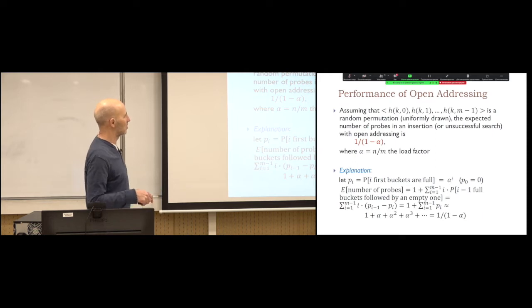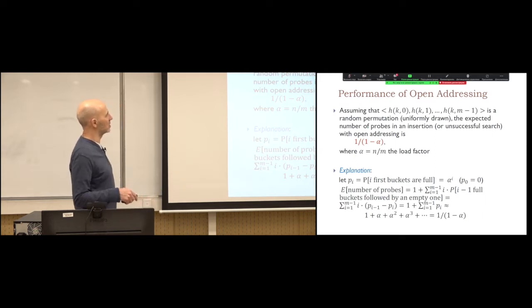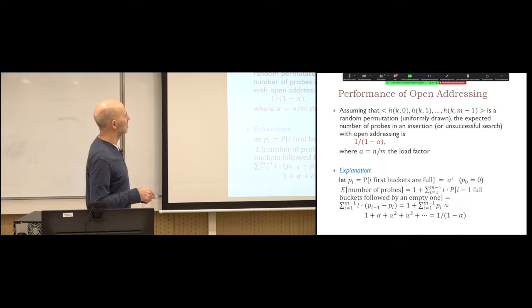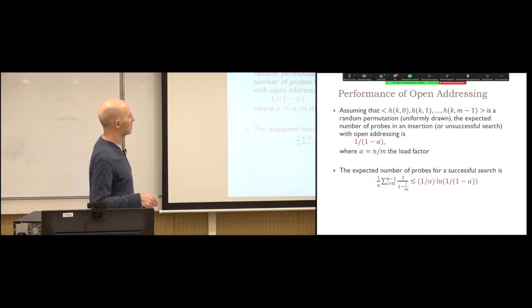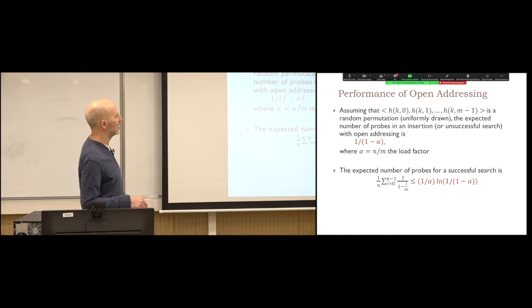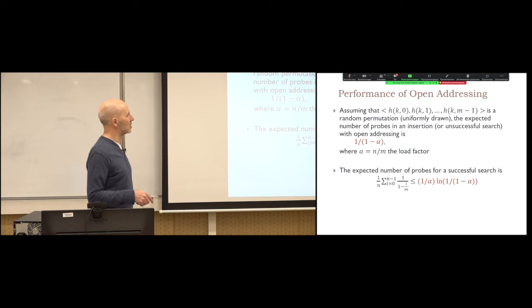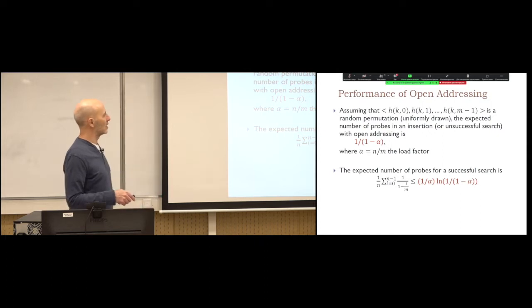It's a simple probabilistic reasoning. And the complexity of successful search has also been analyzed and is given by this formula. You can find this again in Cormen's book and other books.